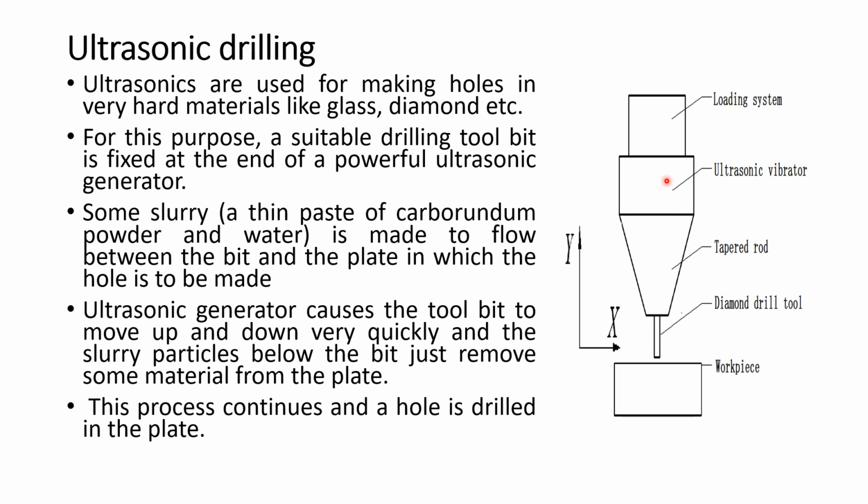So when ultrasonic waves are produced in this ultrasonic generator, it will make the vibrations of this tool bit up and down, fast vibrations with high frequency. And the slurry material flowing in between the bit and the workpiece will remove the material from the plate to make a drill into this workpiece. This is the principle which is used in ultrasonic drilling.